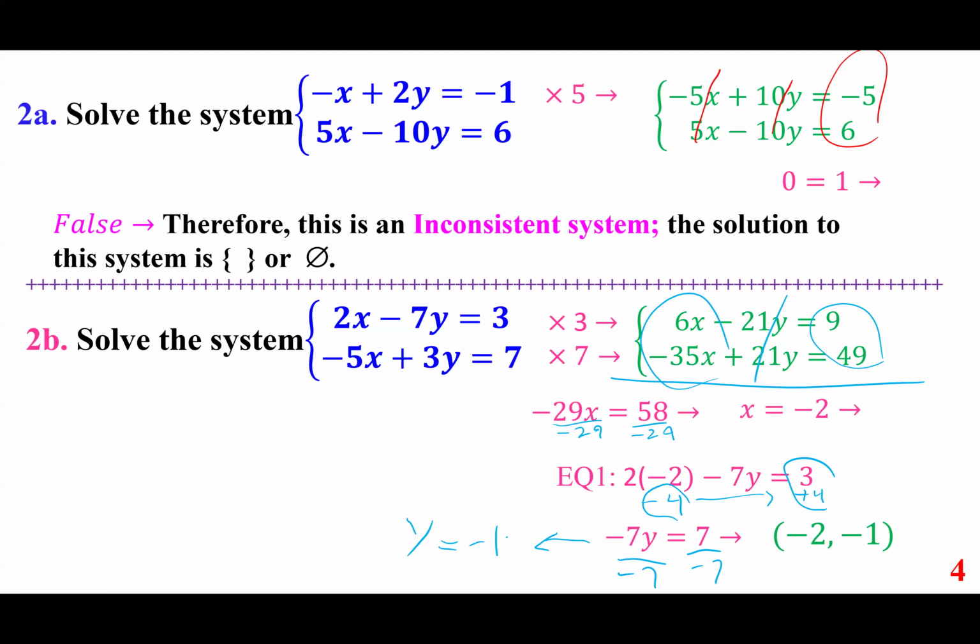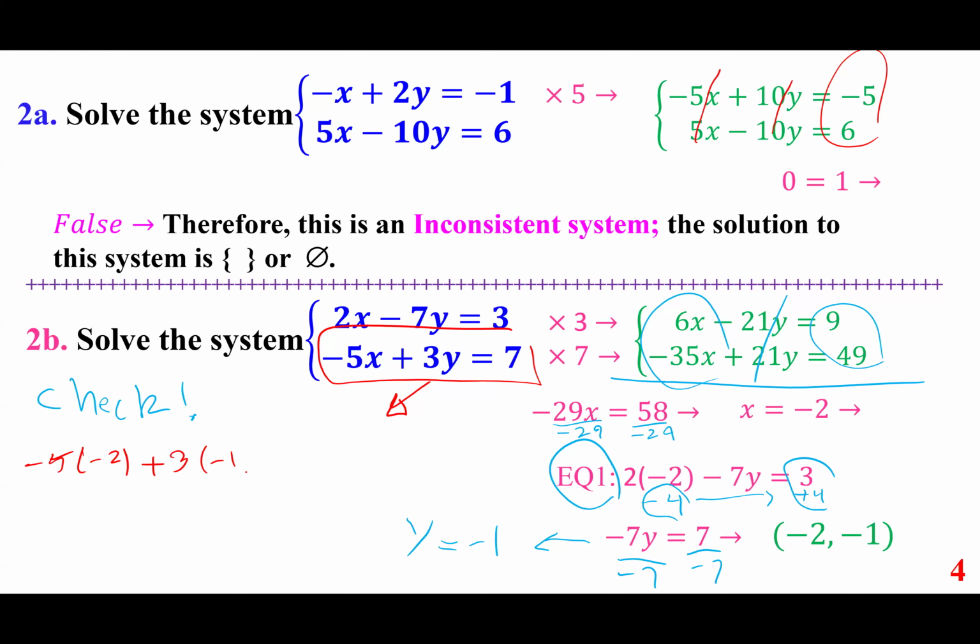Now it is extremely important to check. How do you check? Well, we used equation 1. All we have to do is check with equation 2. Minus 5 times x, negative 2, plus 3 times y, negative 1, is this equal to 7?